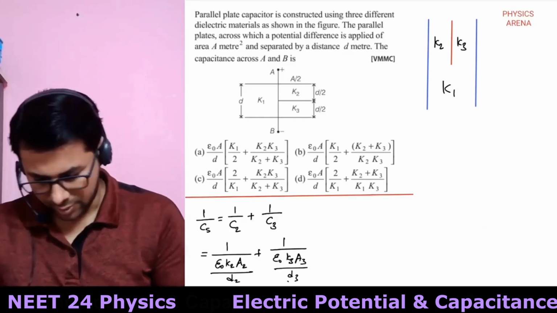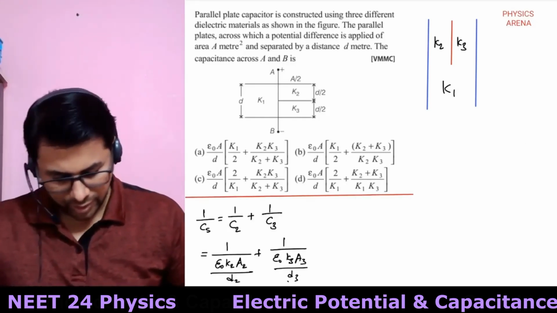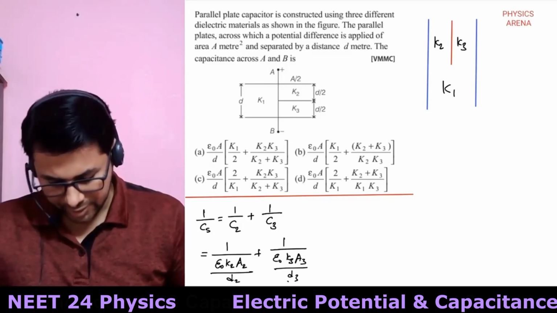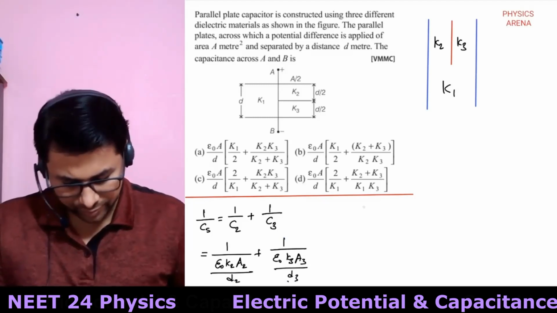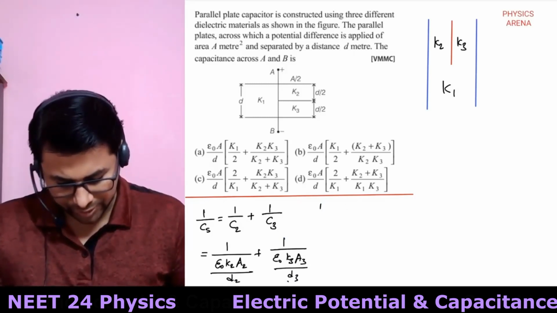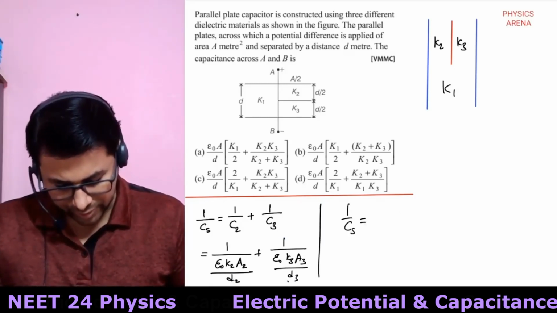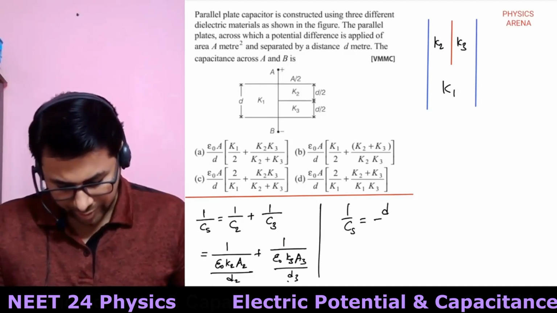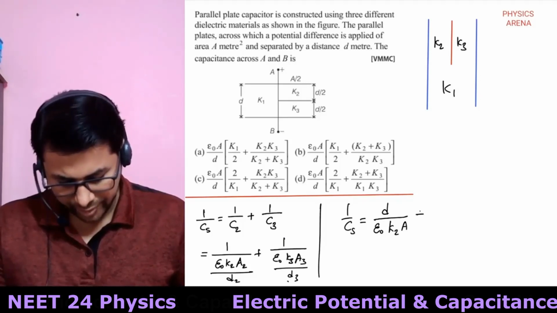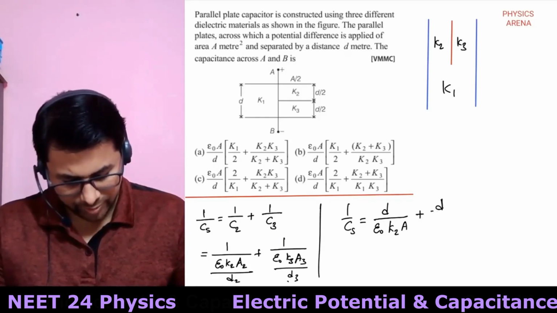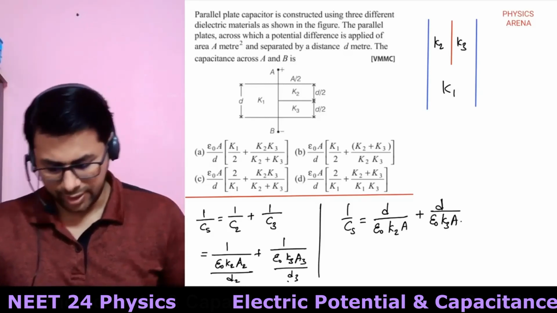Okay, all right. Then I can say that this D will go in the numerator. So you have 1 upon CS equal to D in the numerator over epsilon naught K2 A, plus D in the numerator over epsilon naught K3 A, right?